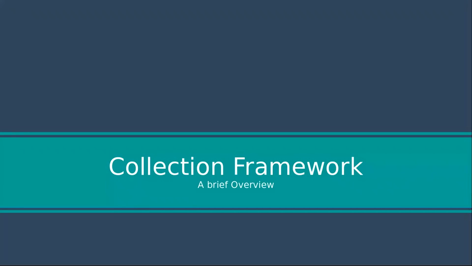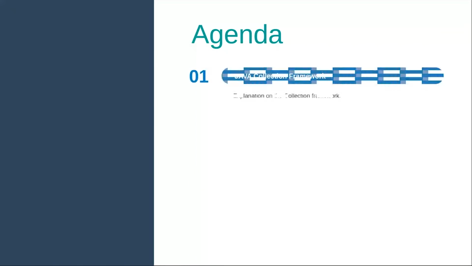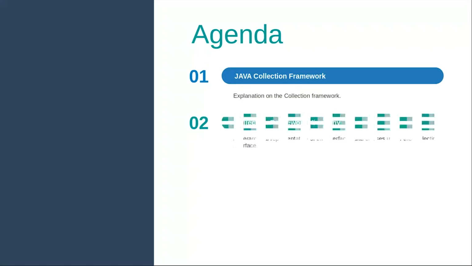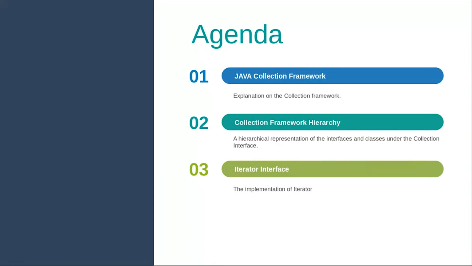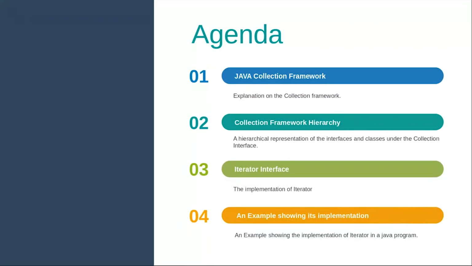So the agenda for today's session is the Java collection framework, an explanation of the collections framework, then the collection framework hierarchy, a hierarchical representation of the interfaces and the classes under the collections interface, then the iterator interface and the implementation of iterator, how it works, and an example showing its implementation.